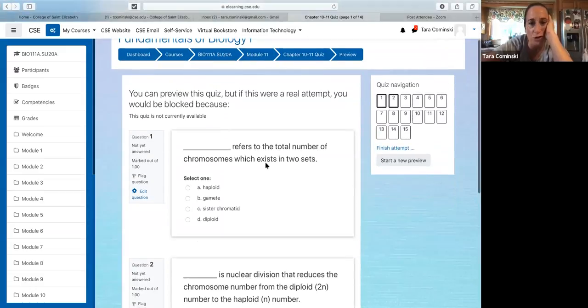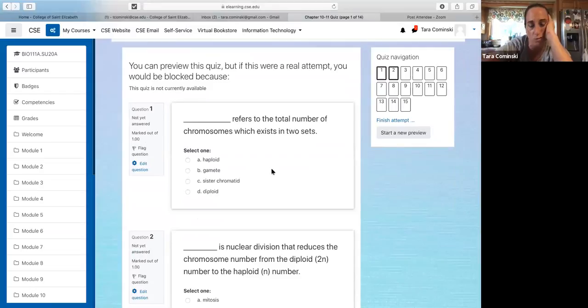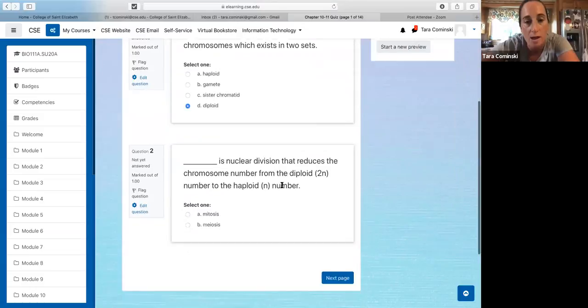Okay, blank refers to the total number of chromosomes which exists in 2 sets. So that's diploid. Remember, when we talk about diploid number, it's the maternal and the paternal copies, 2 sets, in our case, 2 sets of 23.